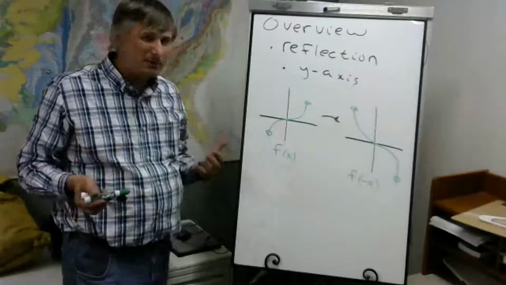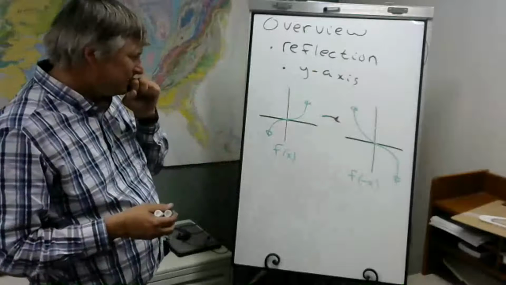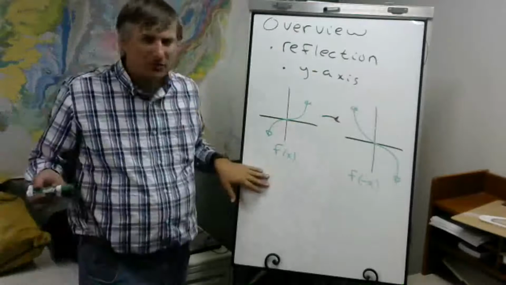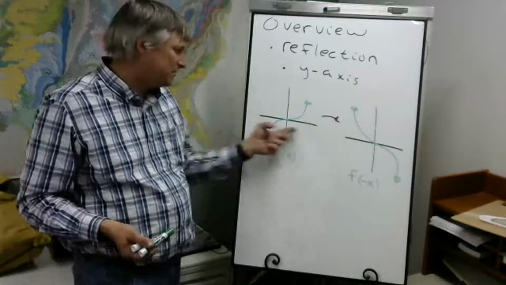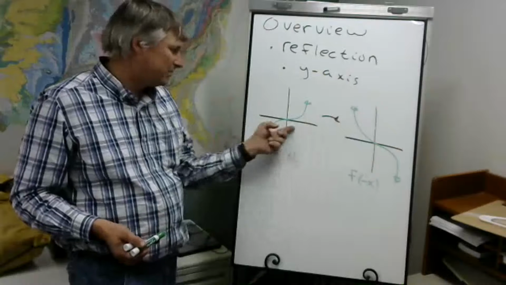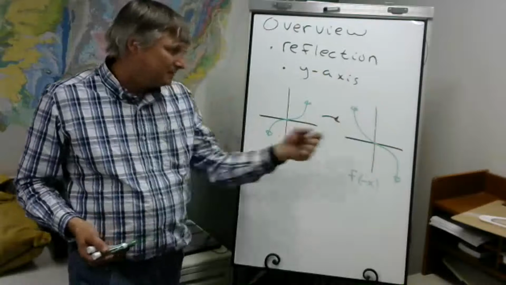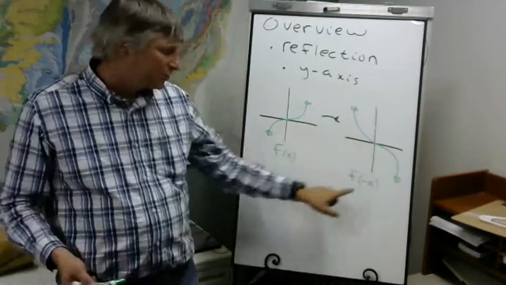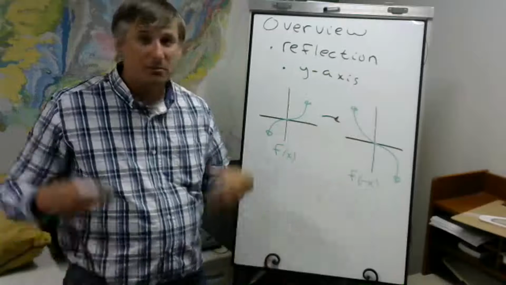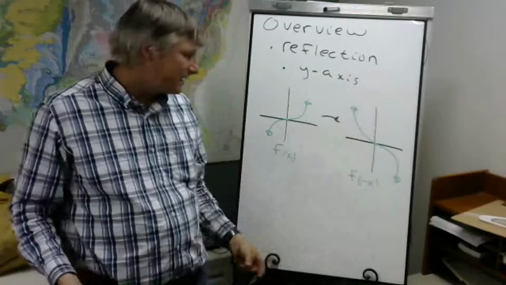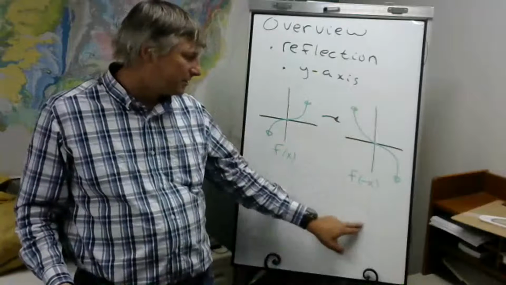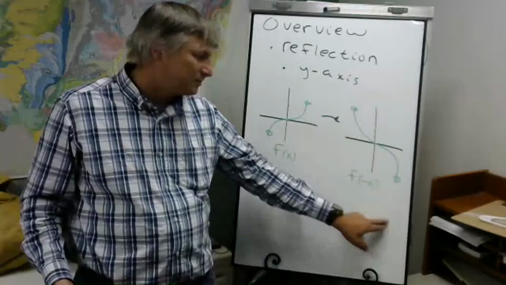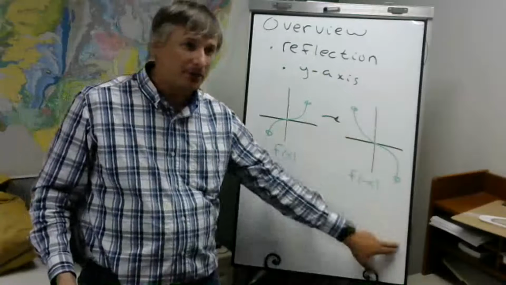Now there's one you want to be careful of. With this one, like y equals x cubed, you don't have to really think about the domain. You can just choose some x values, plug them in, you'll get this graph. And then when you compute f of negative x, you'll take the same x values, but change the signs on them and insert those into your calculations, and you'll get your output.